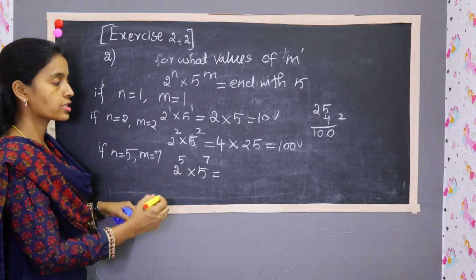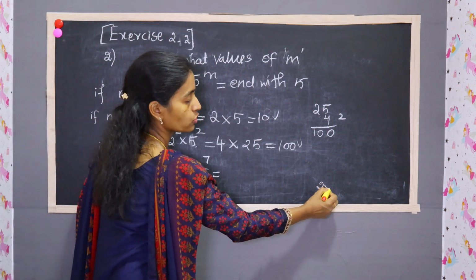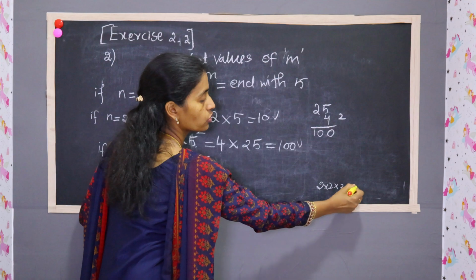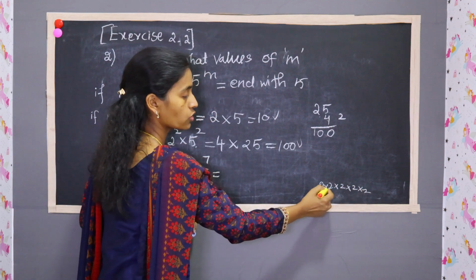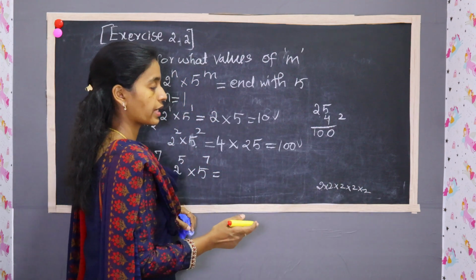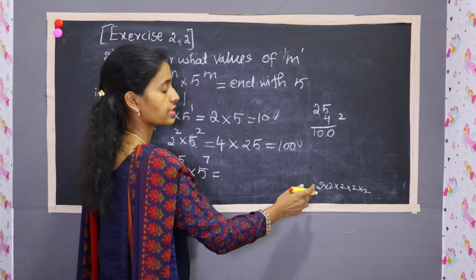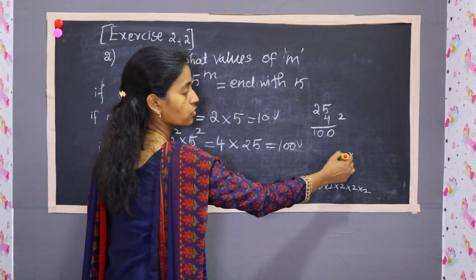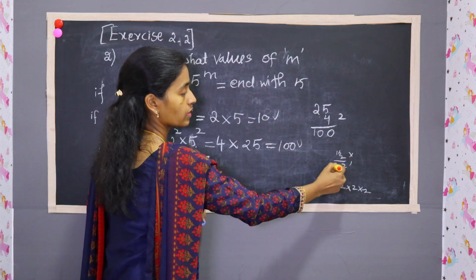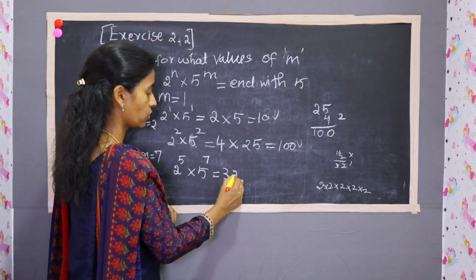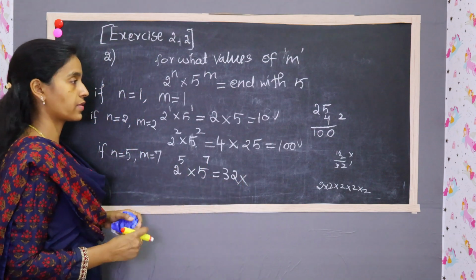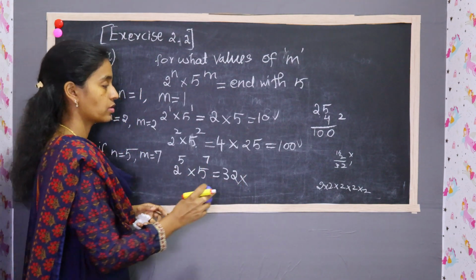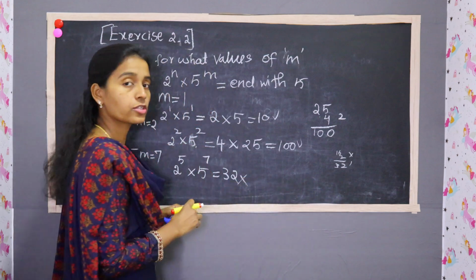2 power 5 means 2 into 2 into 2 into 2 into 2. 2 into 2, 4. 4 into 2, 8. 8 into 2, 16. 16 into 2, 32, right? 32 into 5 power 7. I need to find the value of 5 power 7.